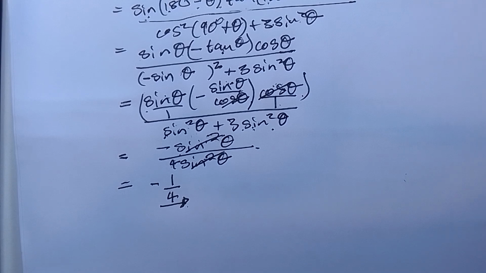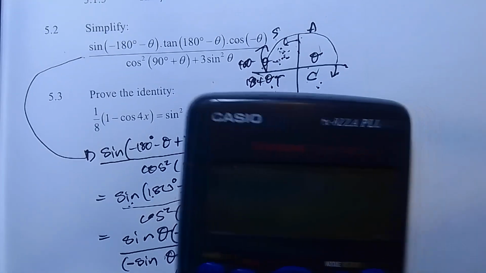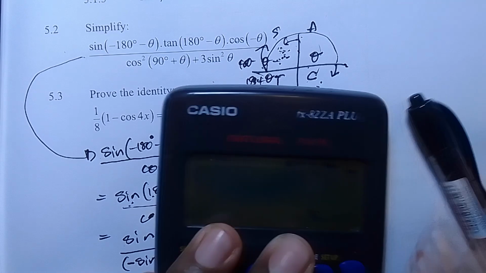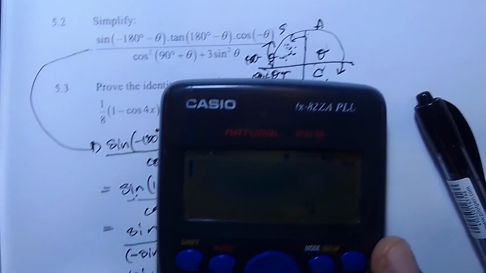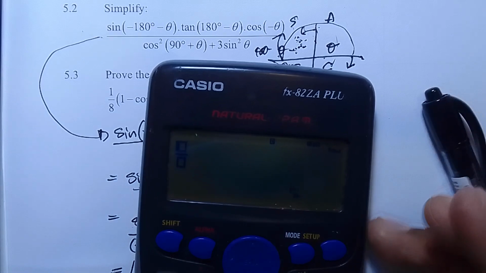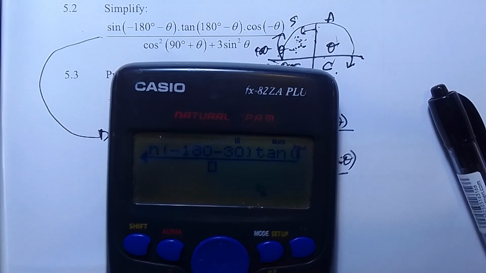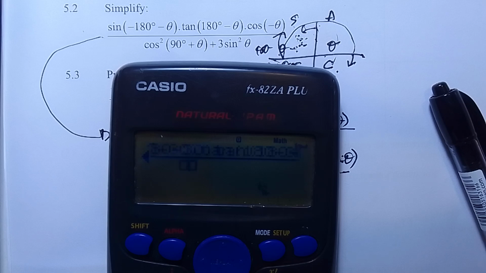How you check this one is you go to the original expression. You write out the original expression, but in the place of theta, substitute any angle you like. So we have sine of negative 30 degrees, let's say our angle is 30. Tan of 180 minus 30 degrees.